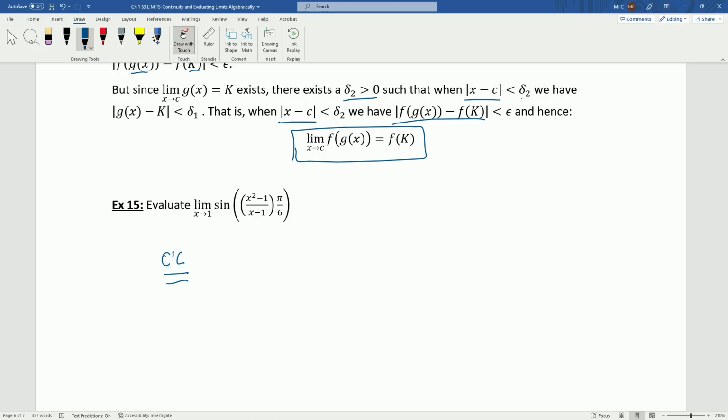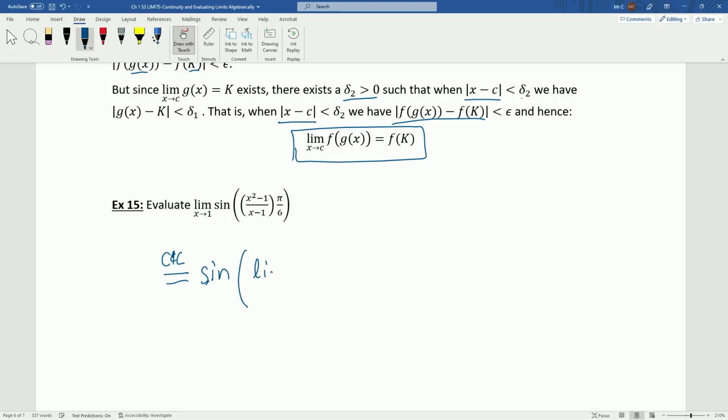I just notate it with c and c, so c and c. I'm going to move that limit inside the function, as long as the limit of the thing inside exists, and we'll see that it does momentarily.